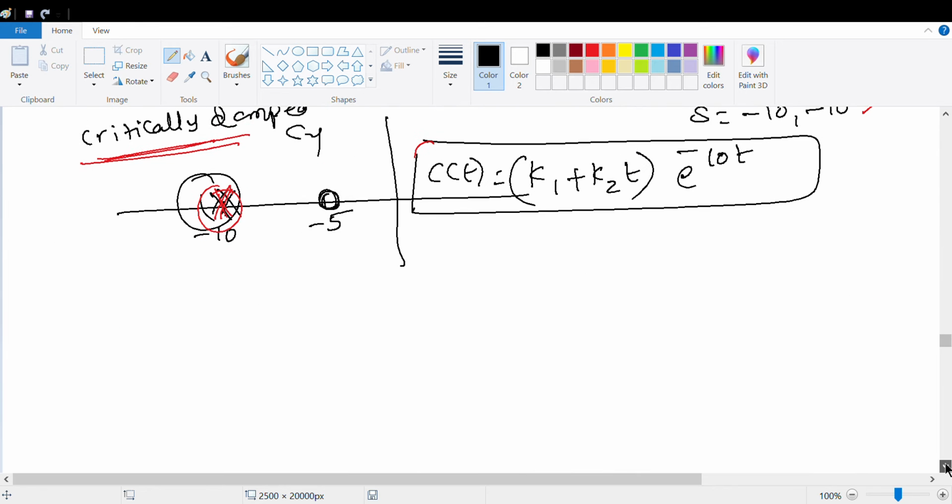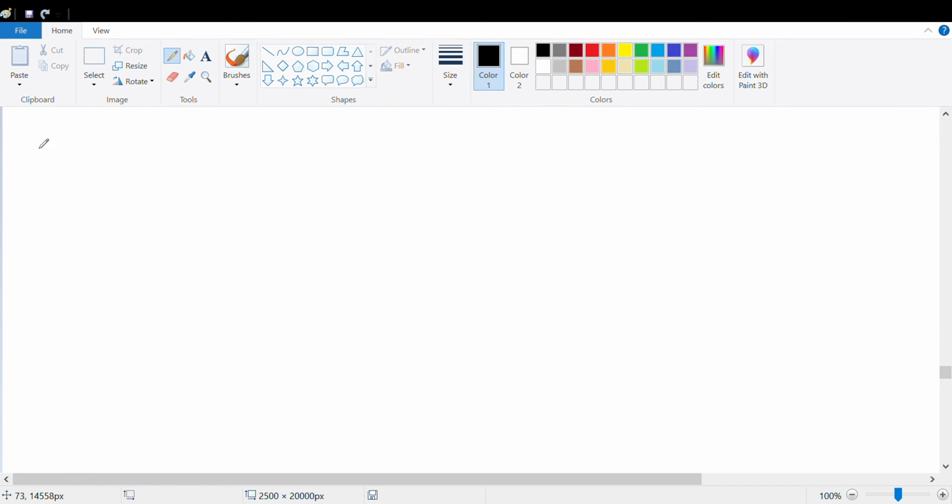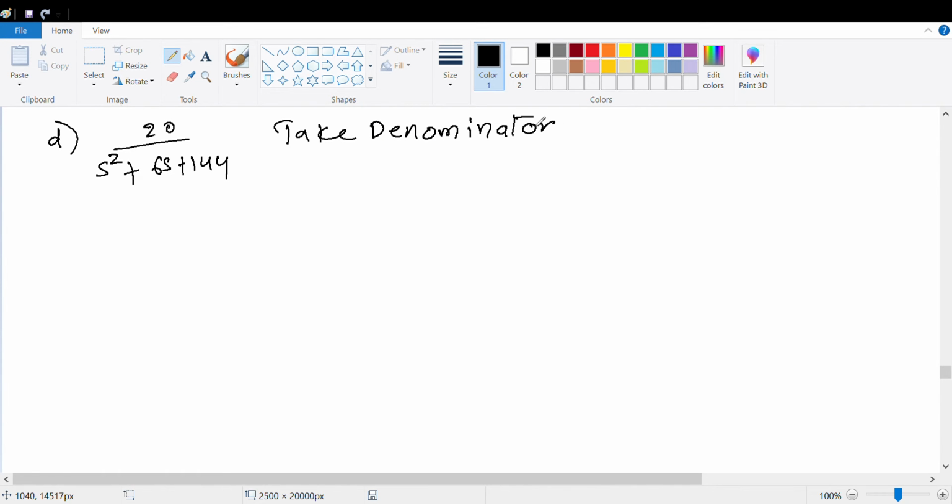Now let's go to the second part. Here also, d is 20 / (s^2 + 6s + 144). So take the denominator: s^2 + 6s + 144 equals 0.